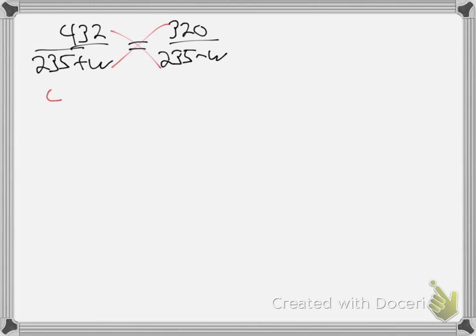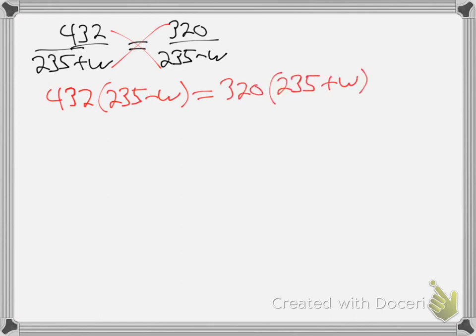Diagonal, diagonal, cross multiply. 432 times 235 minus W is 320 times 235 plus W. There it is.